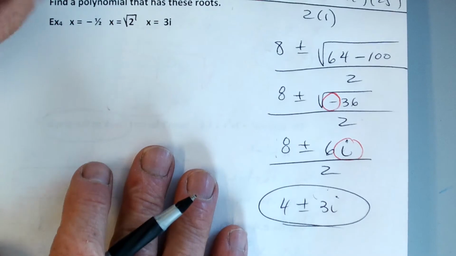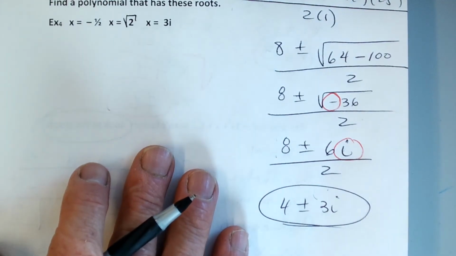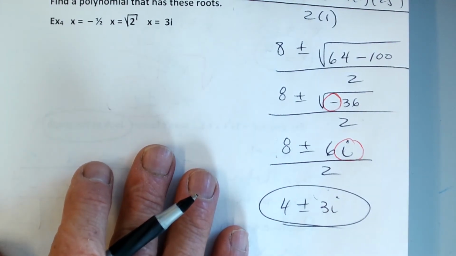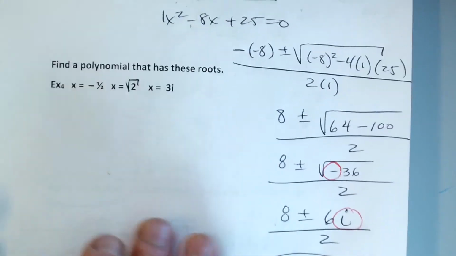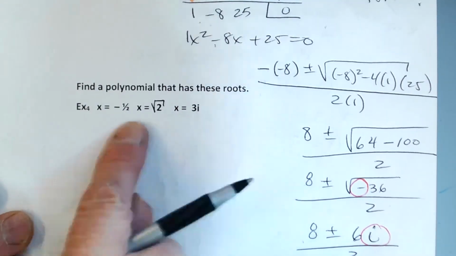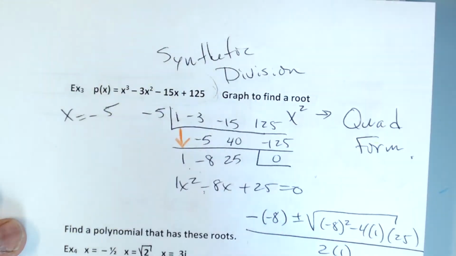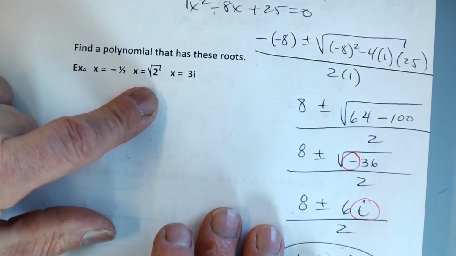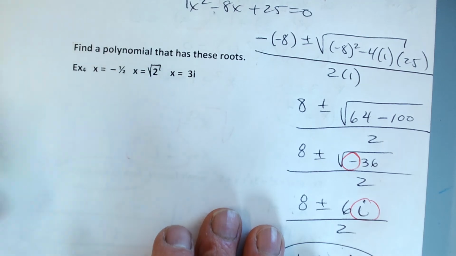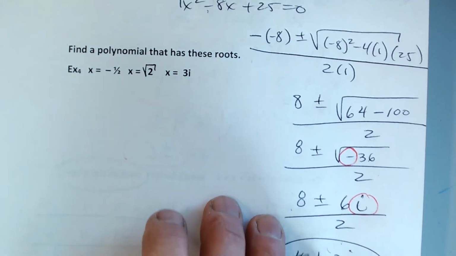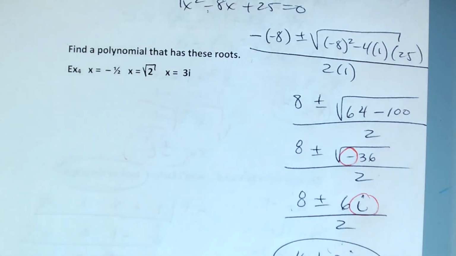Okay, last example. We're going to go backwards. These are my answers. I want to find the original polynomial. Well, I have the answers, and the answers came from factoring, or mini equations, okay?